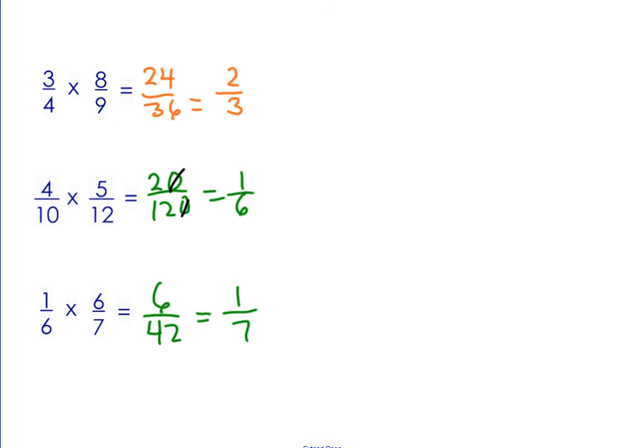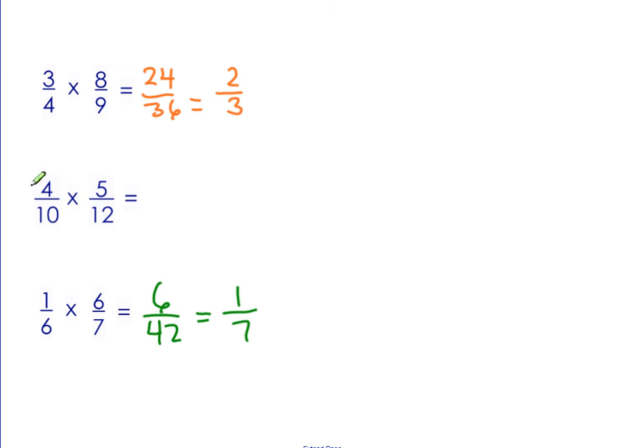Now, did you notice that that middle problem was a little more difficult if you didn't know the strategy of canceling out the zeros, which I just taught you? There is another quick, efficient way to reduce before we get to our final answer. Let me show you how we do that.